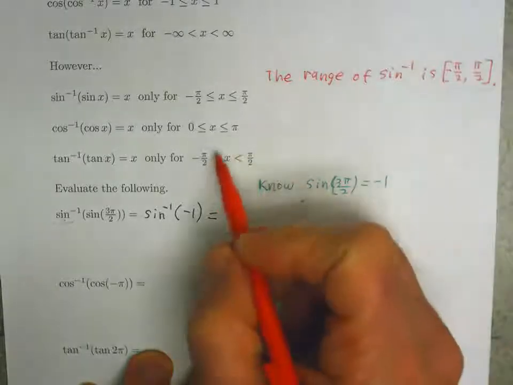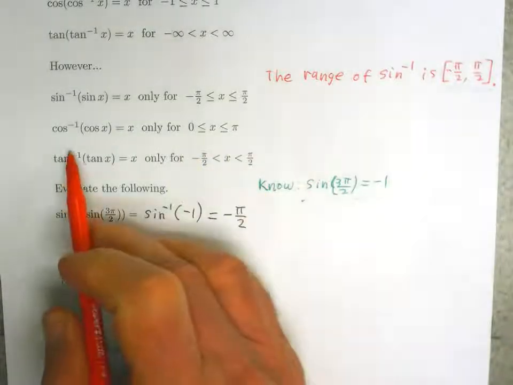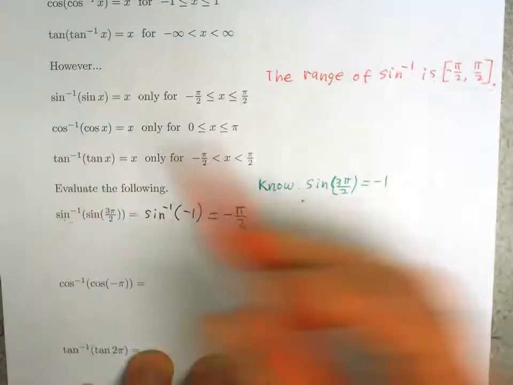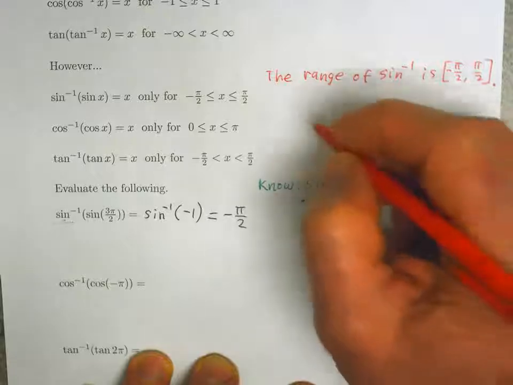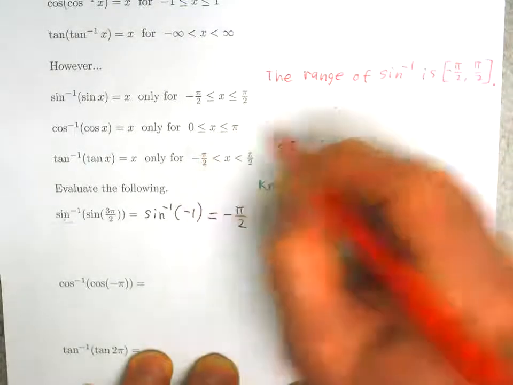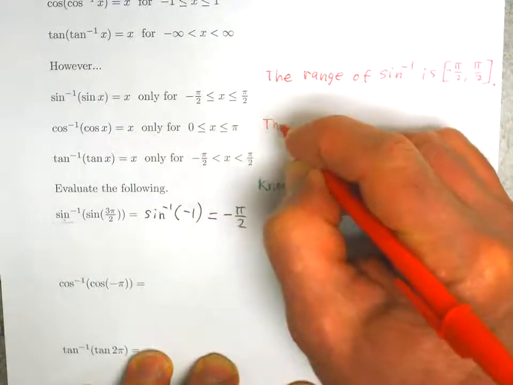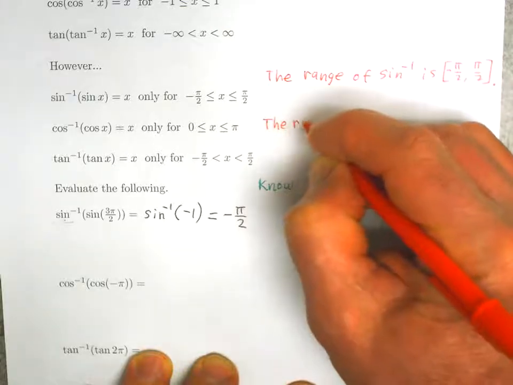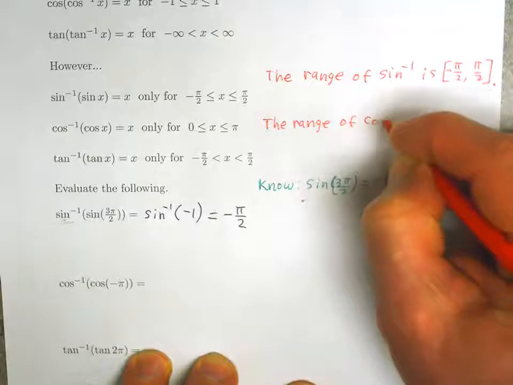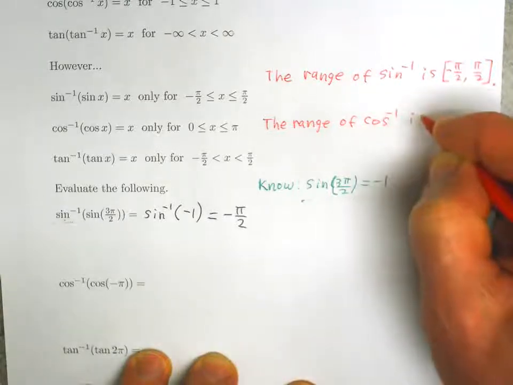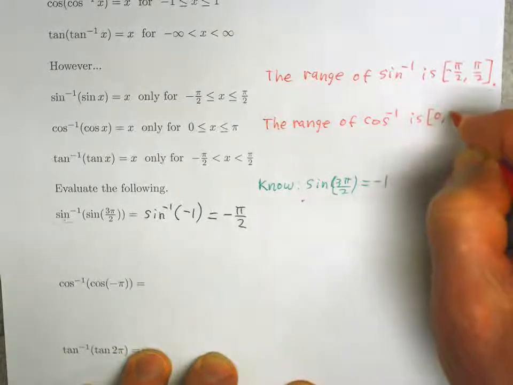Okay, let me write up here what the range of inverse cosine is. Well, it's right there, but I'm just reinforcing the concept. The range of inverse cosine is the interval from 0 to pi.